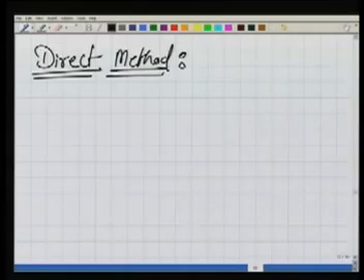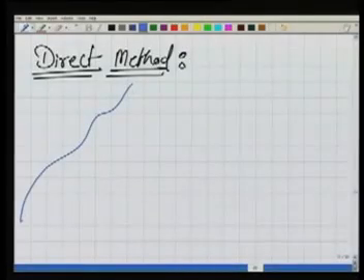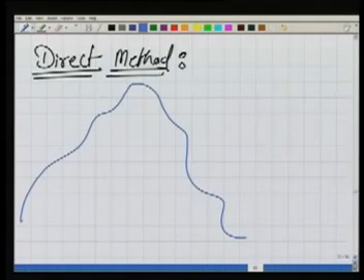Now how can we work in this direct method? Let us assume there is a hill, okay? Now you can visualize any hill or any little mound, any little hillock in your area. Just visualize that when we are talking about this. And on that hillock, we are trying to locate points with equal elevation, okay, same elevation.